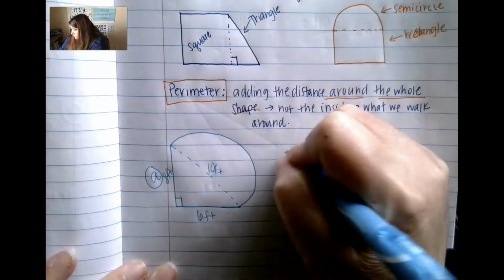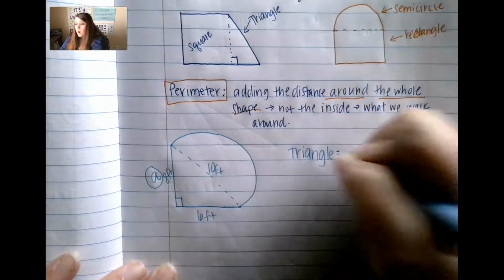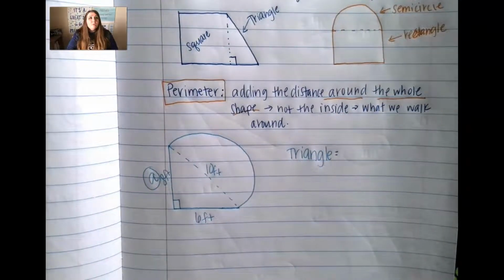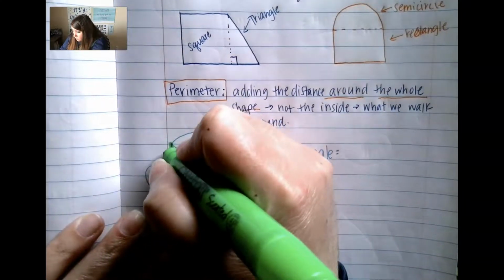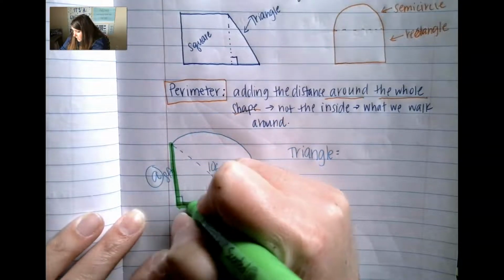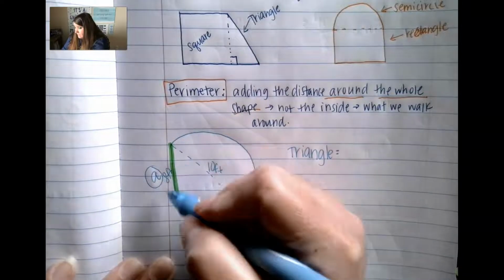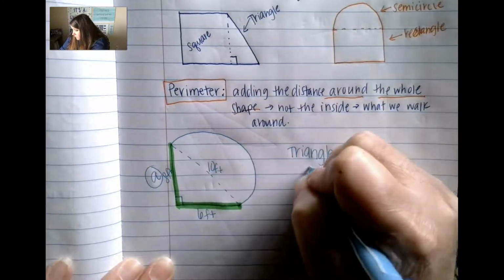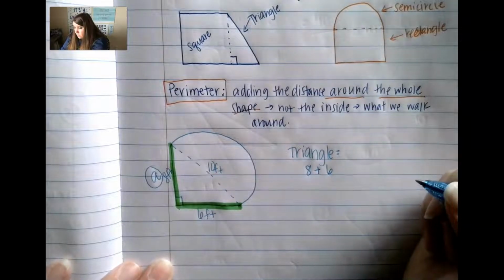One triangle. So let's look at the parts that we walk on the triangle. Where do we walk on this triangle on the outside of the shape? Well, on the triangle, we're just going to walk here and here. So I'm just going to add 8 feet and 6 feet. Okay, that's where I walk.